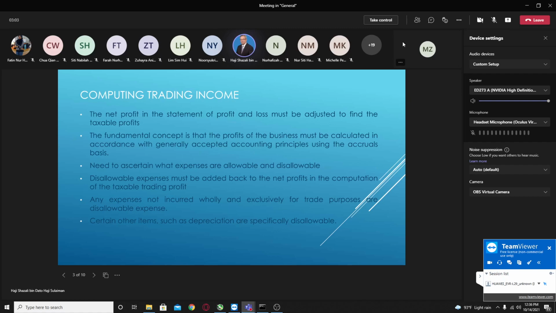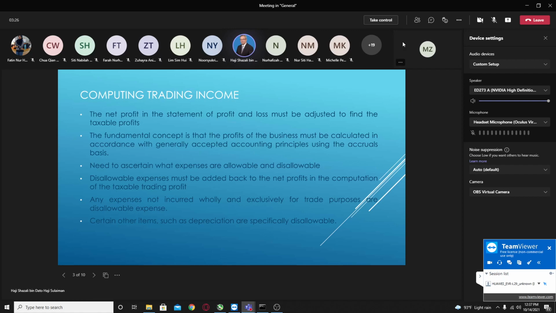In the financial statements, you have your net profit before tax, but then you need to add back items that are disallowable in terms of the expenses incurred, and also you reduce the taxable profit by, for example, capital allowances, allowances that are allowable.